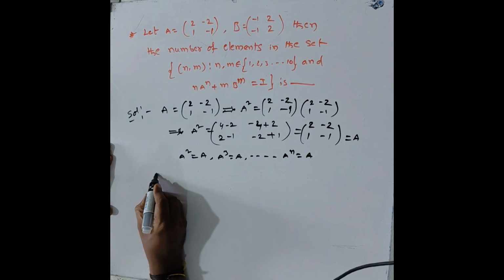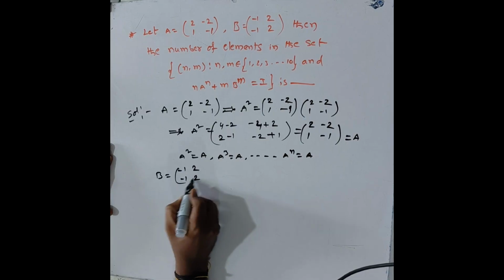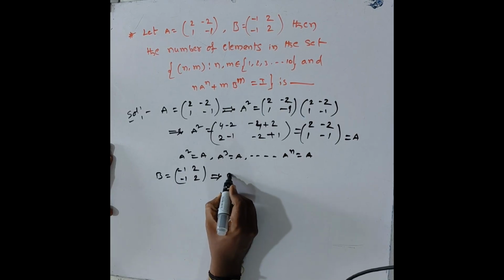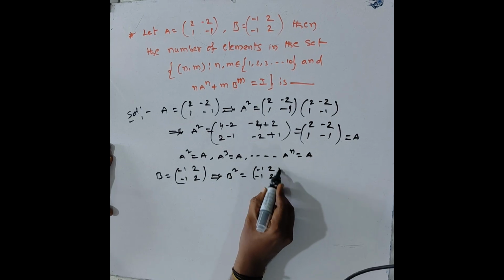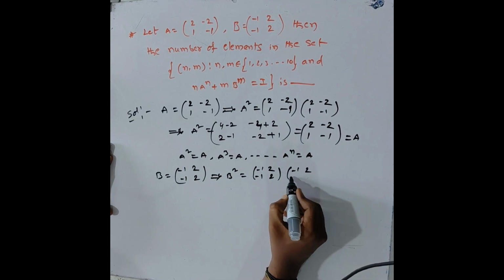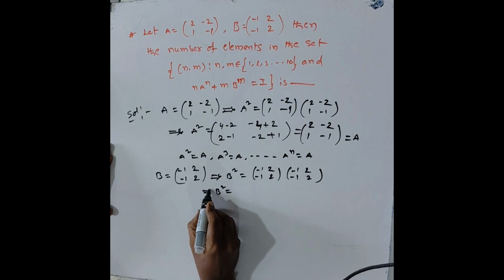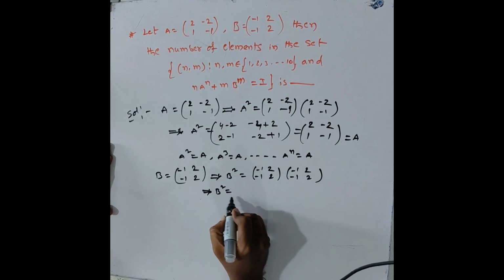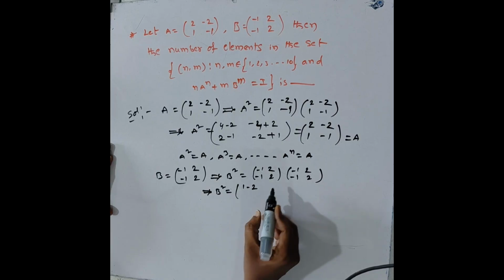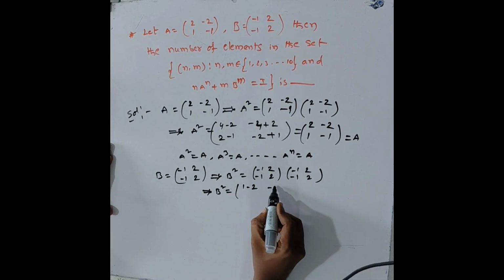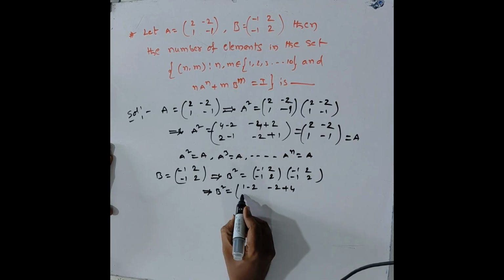B is equal to [-1 2; -1 2], which implies B squared is equal to [-1 2; -1 2] into [-1 2; -1 2]. B squared is minus 1 into minus 1 plus 1, 2 into minus 2 minus 2; minus 1 into 2 minus 2, 2 into 2, 4; minus 1 into minus 1, 1.